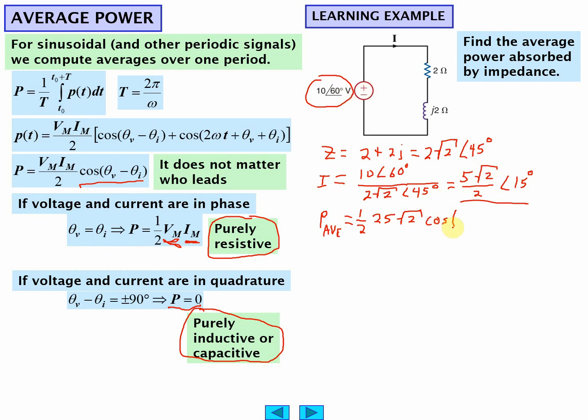So that's 60 minus 15, or the cosine of 45 degrees. Well, the cosine of 45 degrees is 1 over the square root of 2. So the answer is 12.5 watts.